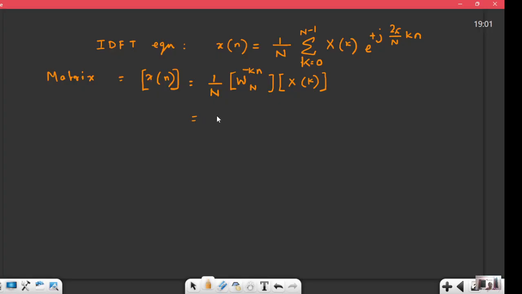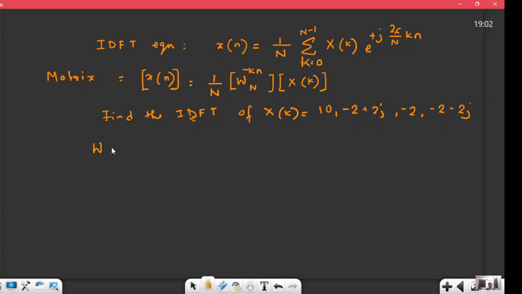So let us find the IDFT of x of k is equal to 10, minus 2 plus 2j, minus 2, and minus 2 minus 2j. Let us find this. What is the Twiddle factor matrix?